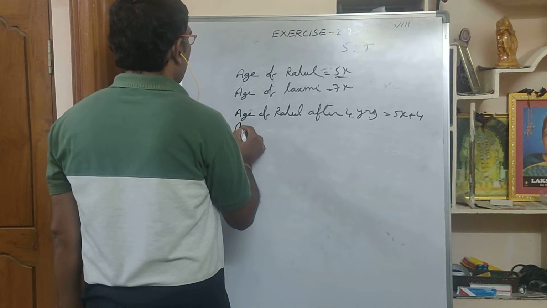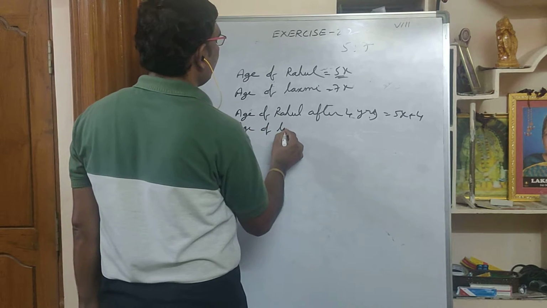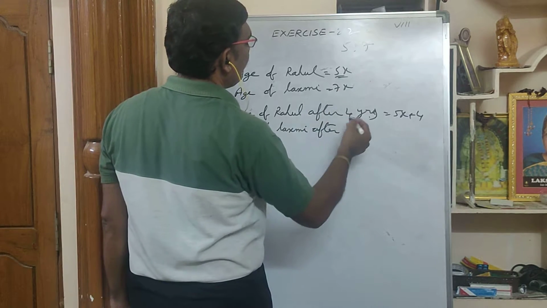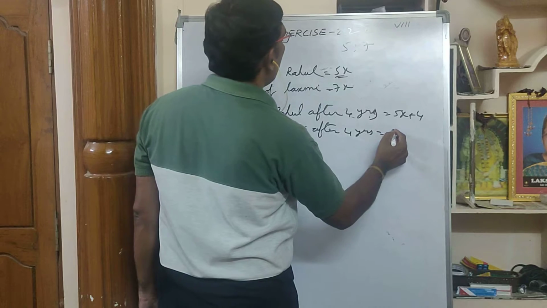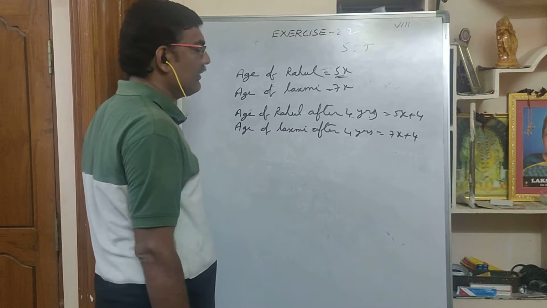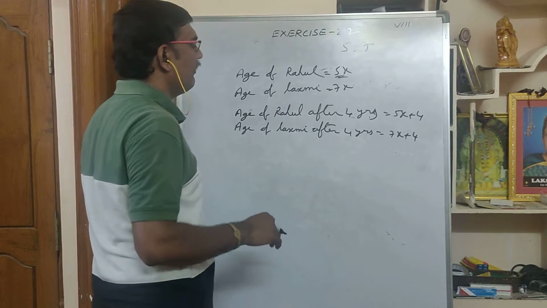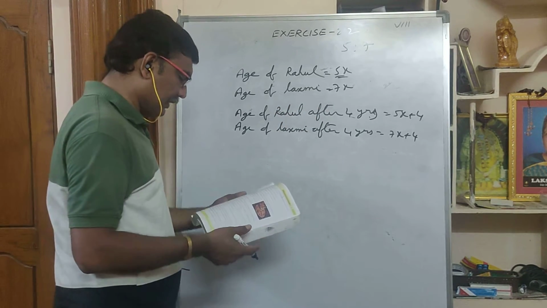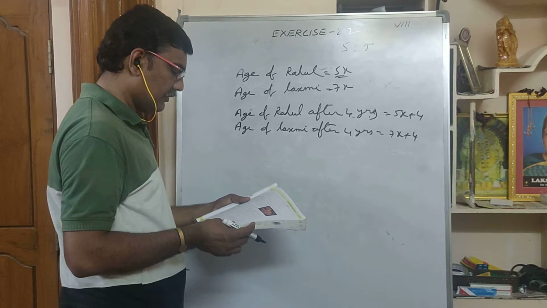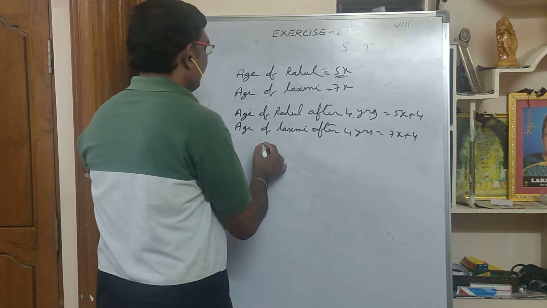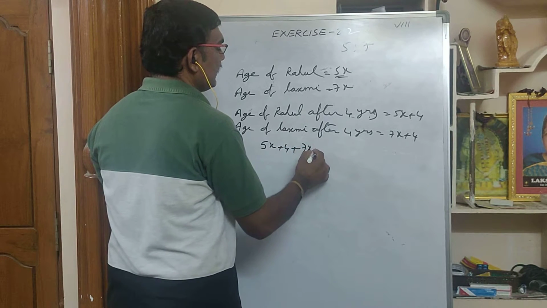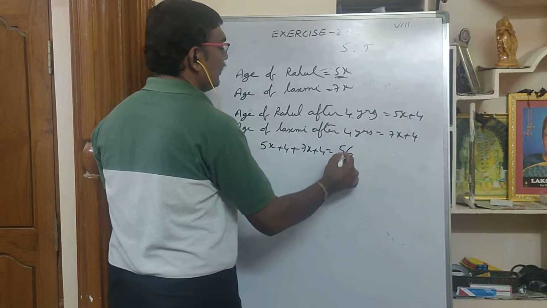And the age of Lakshmi after 4 years becomes 7x plus 4. So their sum after 4 years will be 56 years. So 5x plus 4 plus 7x plus 4 is equal to 56.